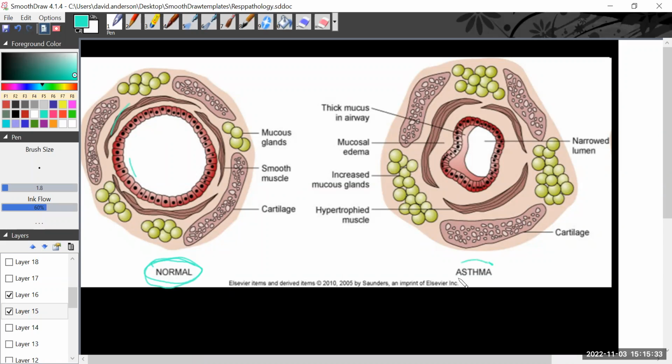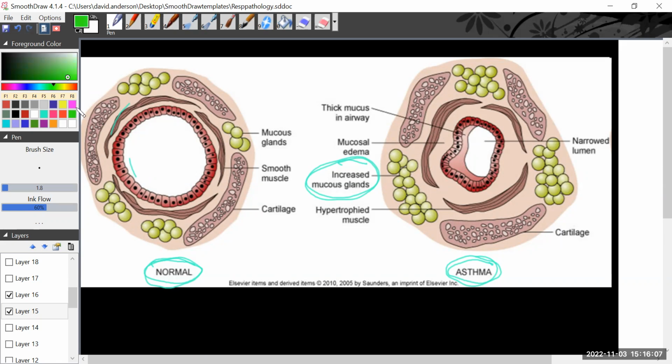In asthma, especially with repeated episodes, we're going to see these represent the cartilage, incomplete cartilage rings in the medium-sized airways, more so than small or bronchioles, but that's why they throw this cartilage in here. We can see overproduction of the mucus glands, and the smooth muscle cells eventually become a little hypertrophic and oversized and create an irregular lumen opening.